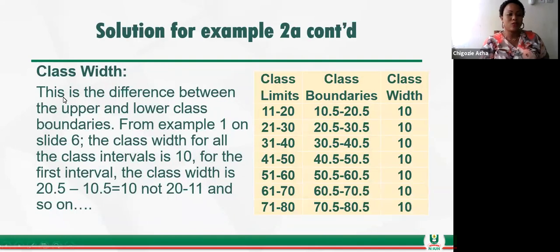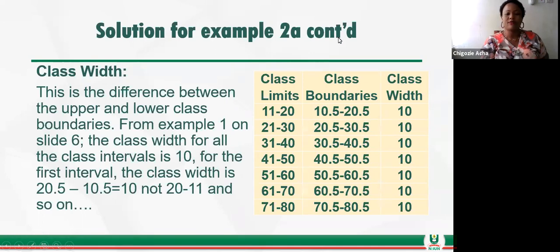Let's look at the class width. This is the difference between the upper and lower class boundary. Let's take an example. The class interval is 10. That means 20 minus 10, or under your class limit, 20 minus 11.